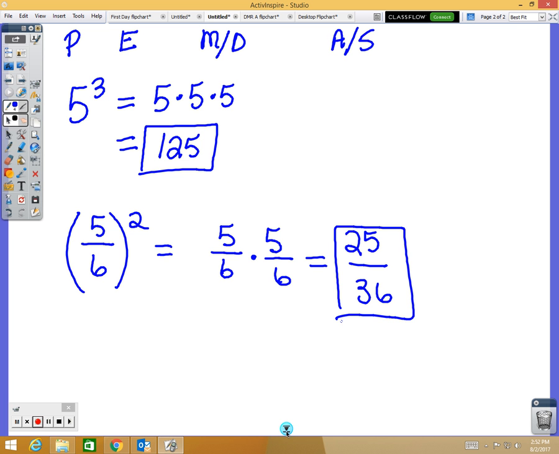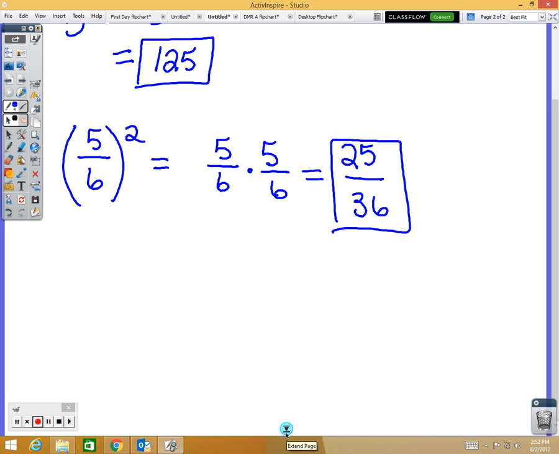Now, what I was saying, if we could, for instance, if we had 18 over 3 to the second power, we could do it that way, but we're going to come up with big numbers and then we're going to have to simplify, okay?